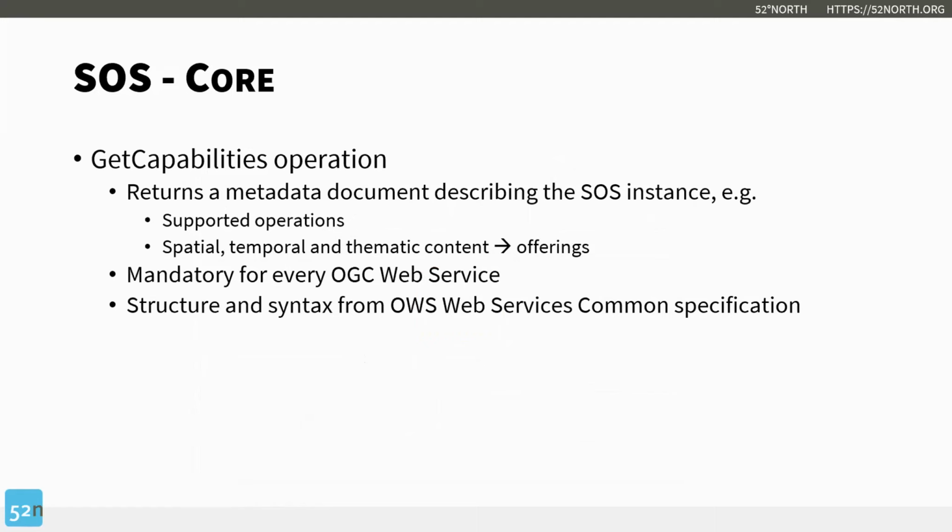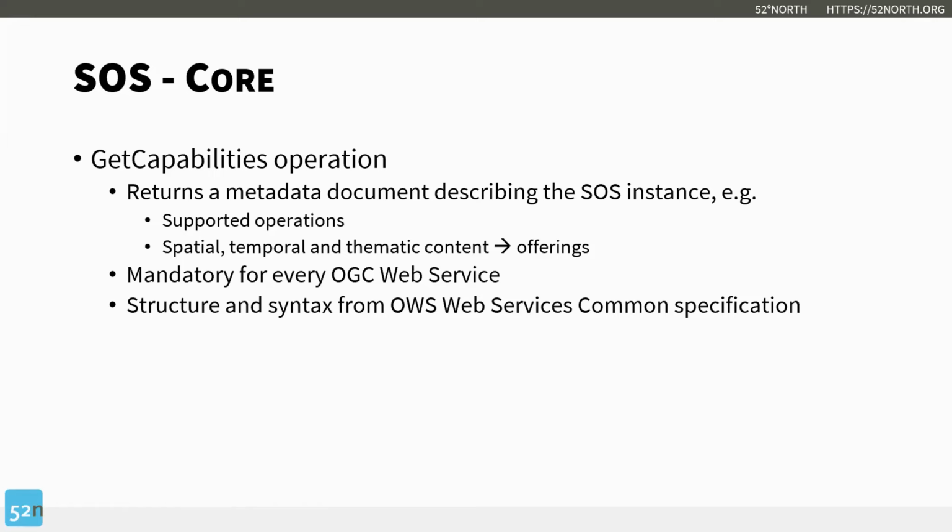This operation describes basically the content of an SOS server instance. So for example, information about which operations are supported, which types of filter are there, which content is offered. So it's basically some kind of handshake if you are developing a client application to check which data is available.